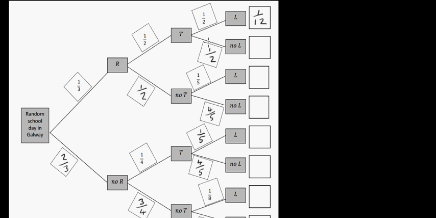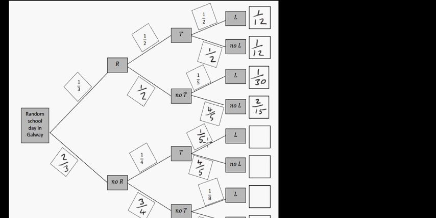So if we go up along here and down along here, it's actually the same set of figures, so it's also 1/12. If we go up along here, raining, no traffic and late here, then we get 1/30. If we come up along here, down along here, down along here, not being late, then it's 2/15.